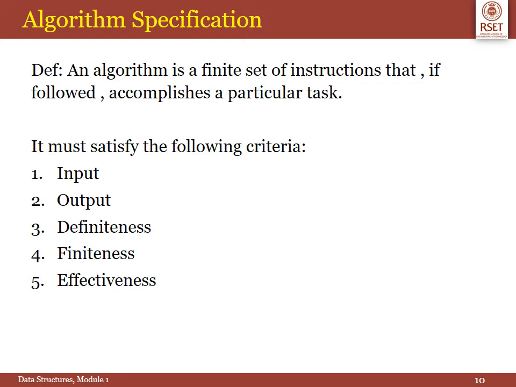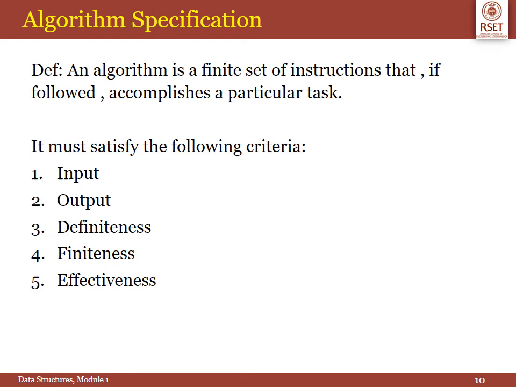Finiteness: if we try to trace each input that is given to that particular program, it should generate an output in a finite number of steps. That is, all cases should complete in finite steps.